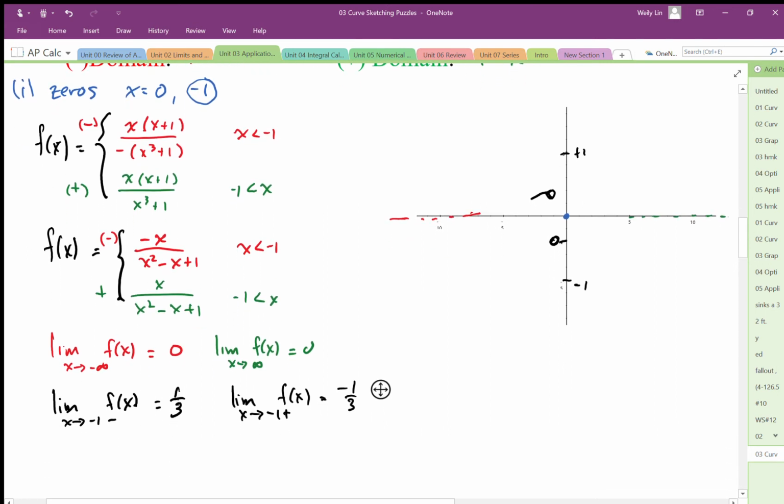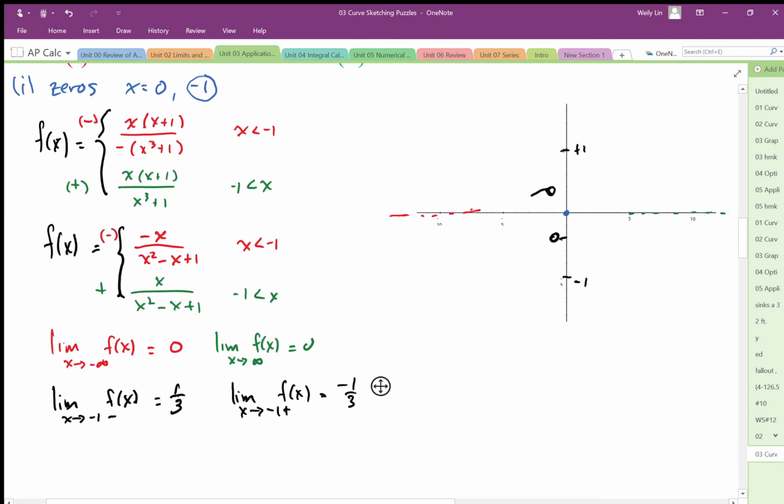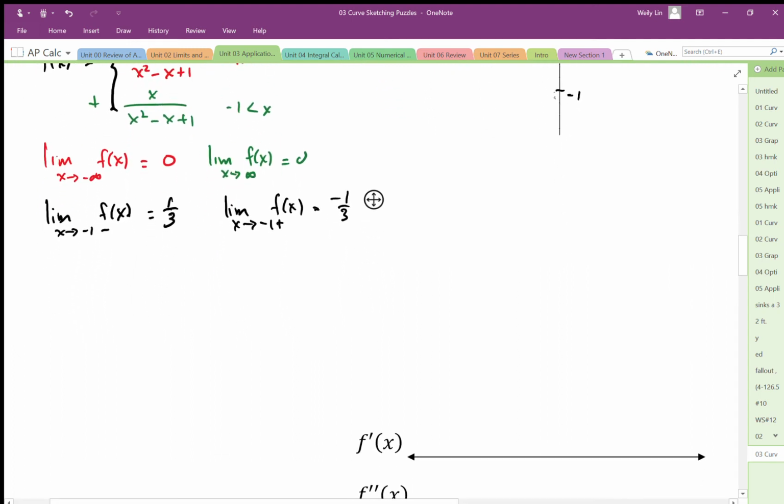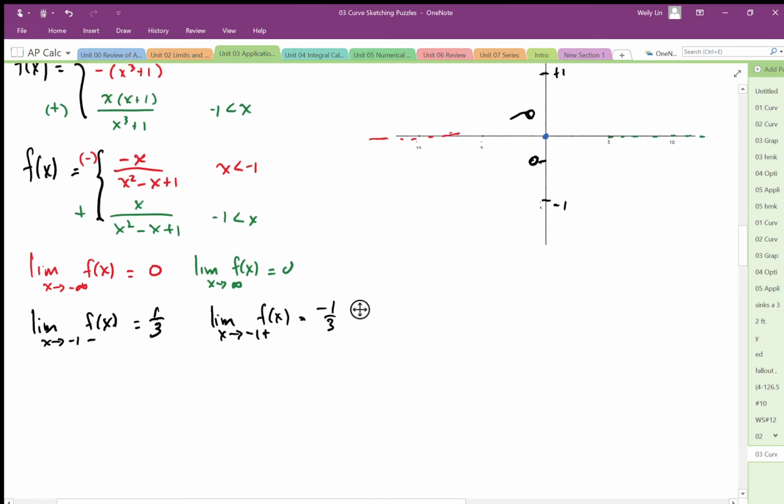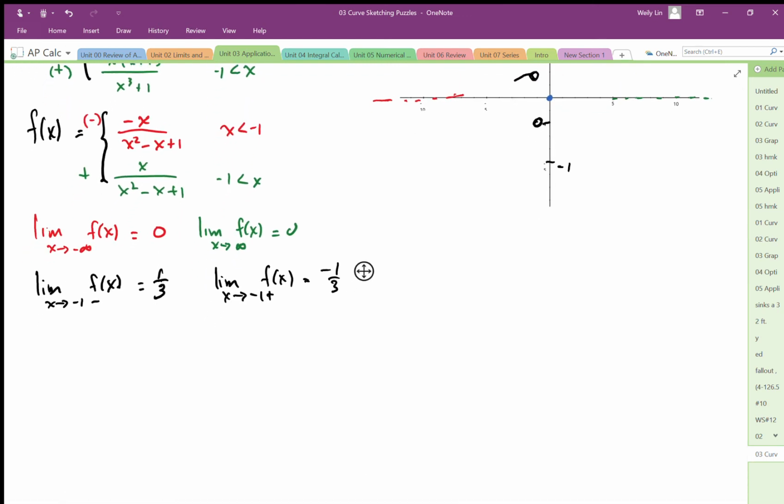So I'm going to have to differentiate this function. We're going to do a slope chart here. Let's differentiate the simplified versions of this function. I'm going to write my f prime over here.